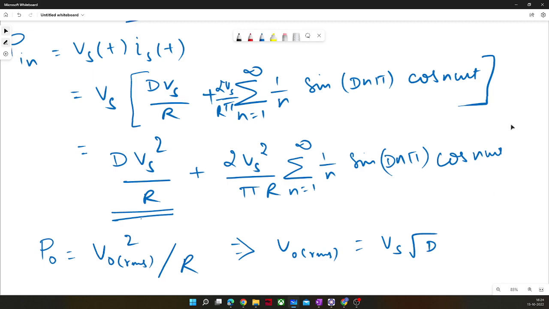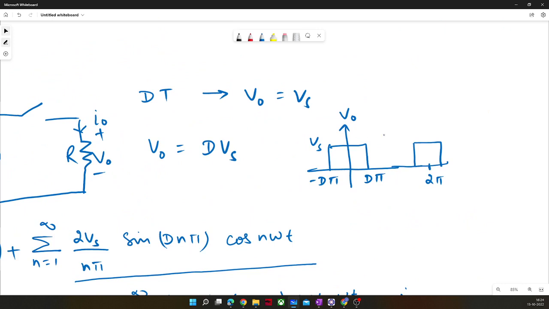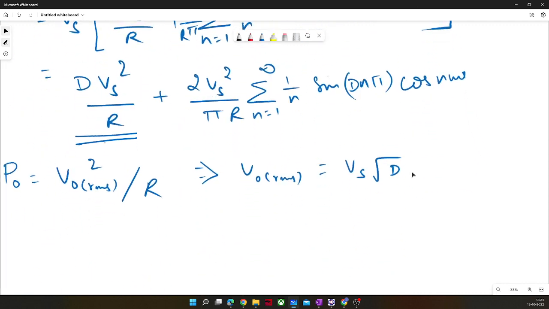If you see this waveform, which I drew earlier, if you calculate RMS for this value, you take this component and you take a period for d pi divided by pi, or 2d pi divided by 2 pi, you will get Vs under root d. So from that you will get dVs square by R.